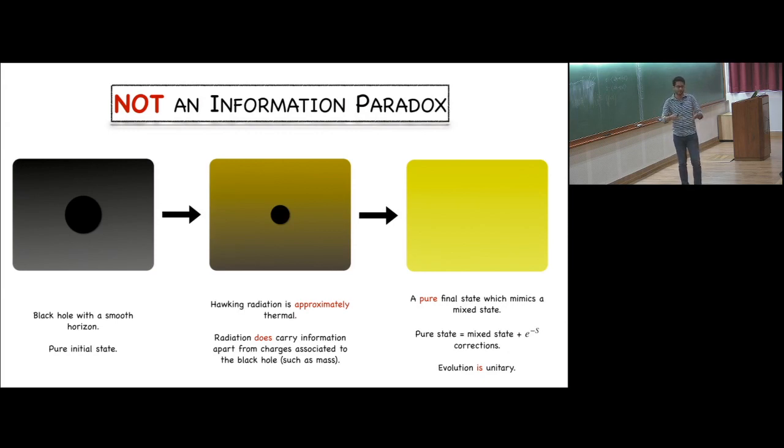By this, I mean that if I take any observable and measure it in this pure state, then it will be the same as in the mixed state, up to exponentially suppressed corrections. So in fact, the calculation of Hawking is not precise enough to give us a paradox. What we expect is that the radiation which comes out will indeed carry all the information about the state of the black hole eventually, and in the end we'll be left with a pure state.